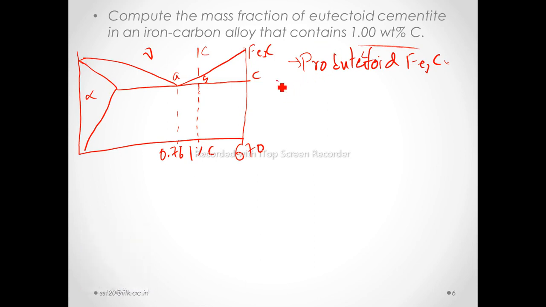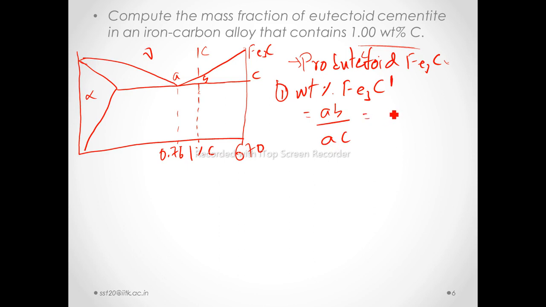First, the weight fraction of Fe3C prime is given as AB divided by AC.